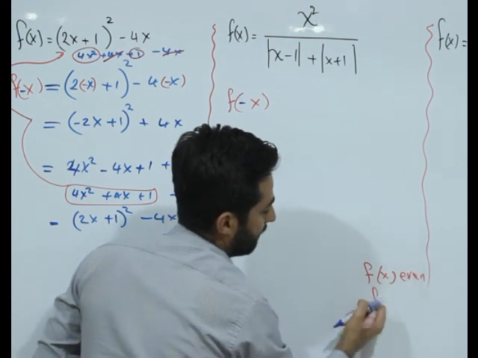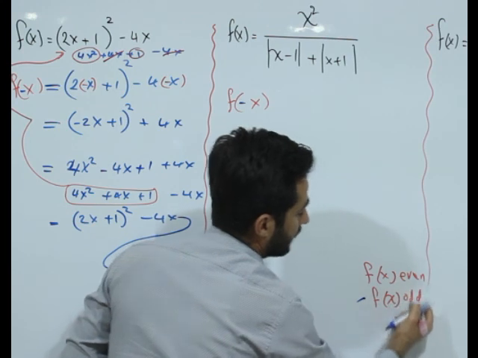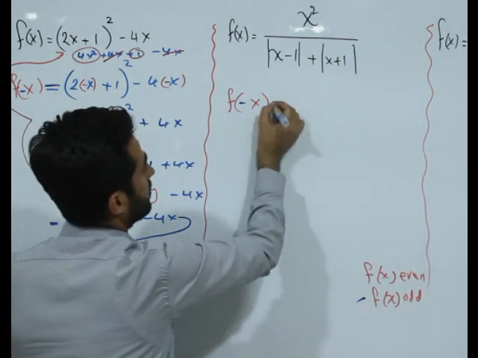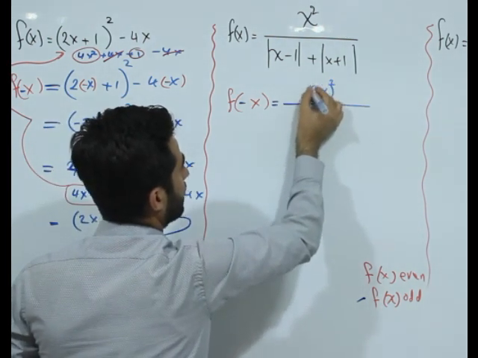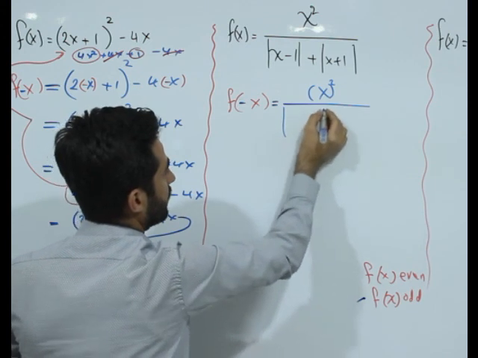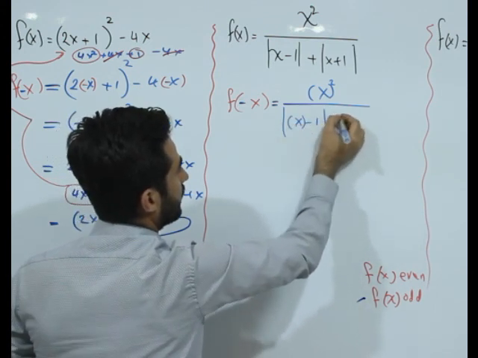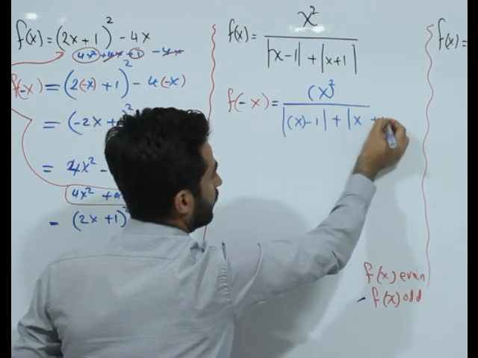If we get minus f of x, this is an odd function. Okay? So now we can say this is equal to x squared, and in an absolute value x minus 1, plus in an absolute value x plus 1 again.